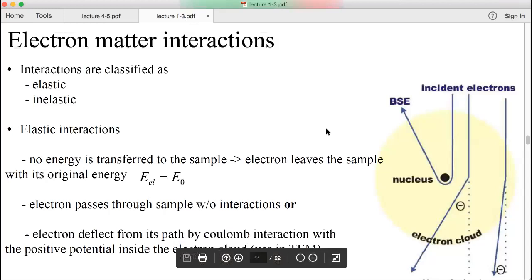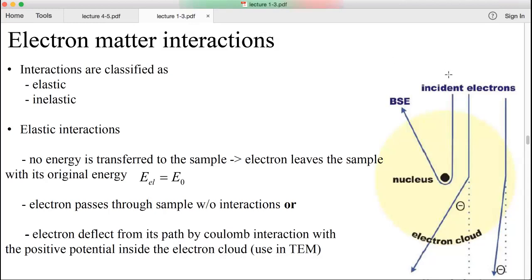Right. Now, if we talk about these interactions, they can be classified as elastic and inelastic. Elastic interactions means the incoming incident electron does not lose its energy inside the sample. That means it does not transfer part of its energy to the sample. The electron leaves the sample with its original energy. So this is the incident electron and this is the outgoing electron.